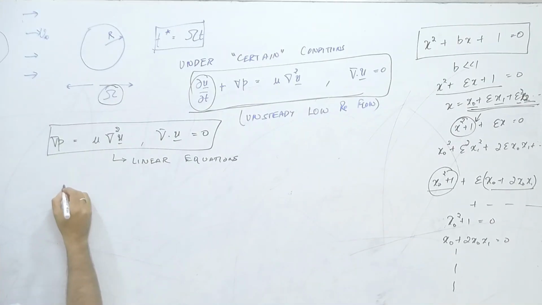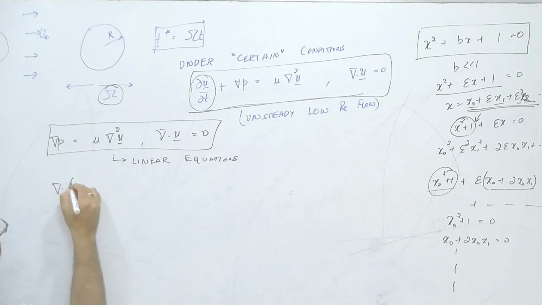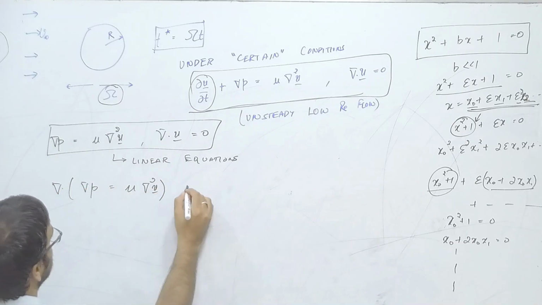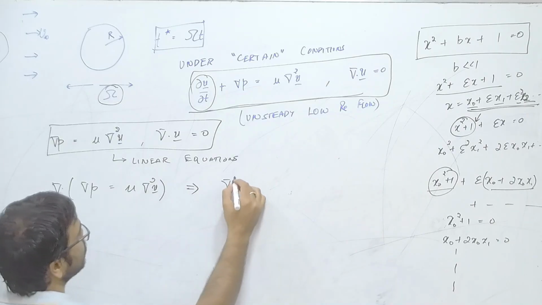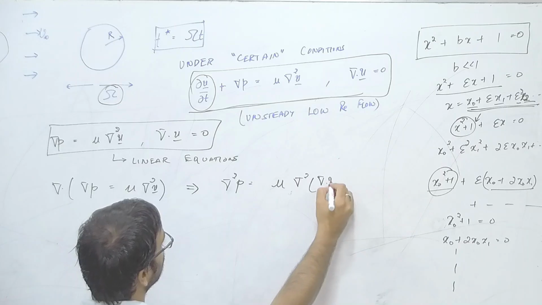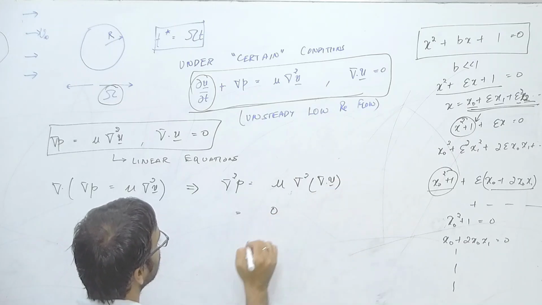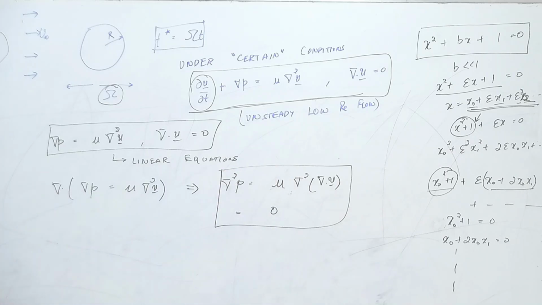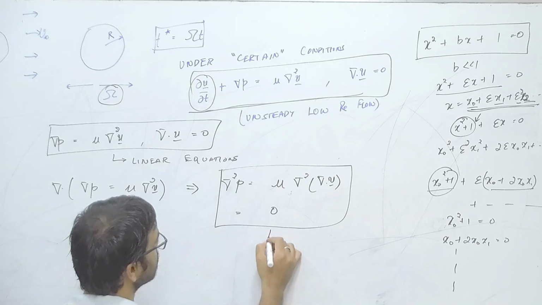The other thing is, let us take the divergence of this equation. We get del squared p equals mu del squared of del dot u, which is 0. So, pressure is governed by the Laplace equation, which is also a linear equation.